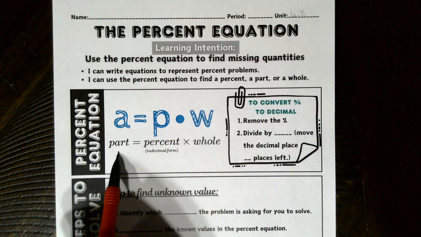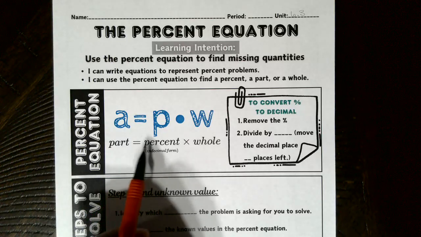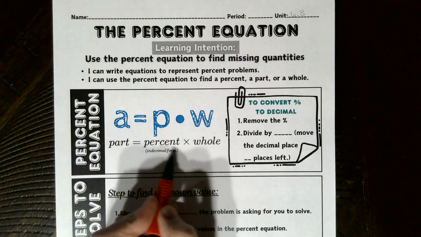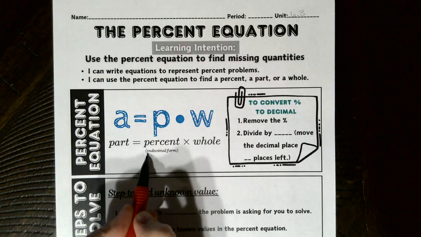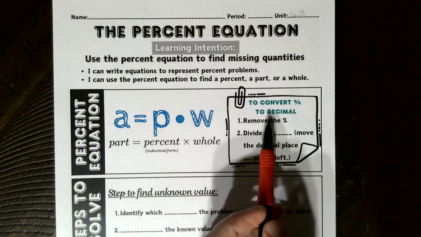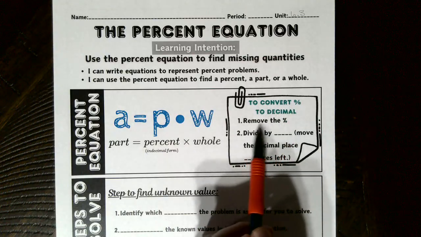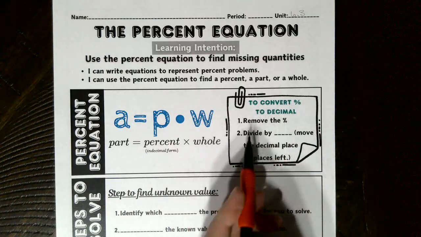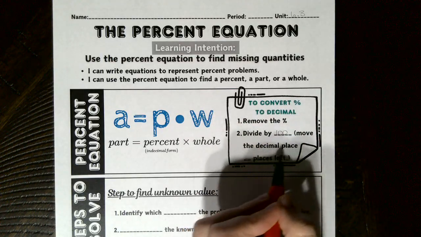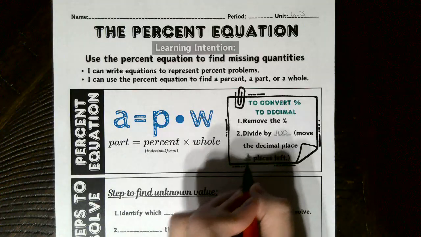A is the part, and that's equal to P, the percent, and the percent needs to be written in decimal form. Remember, we learned in Unit 6.1 that to convert a percentage to a decimal, we remove the percent sign and divide by 100. That means we move the decimal place two places to the left.